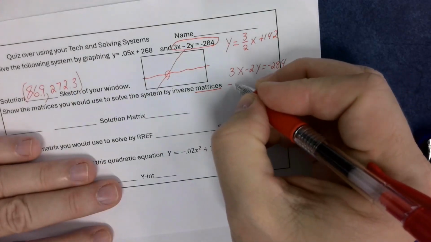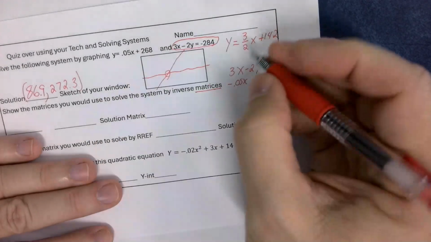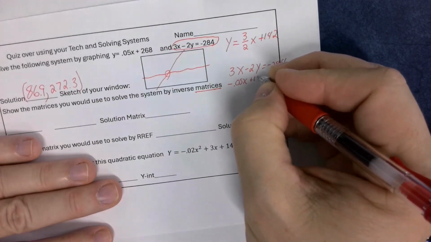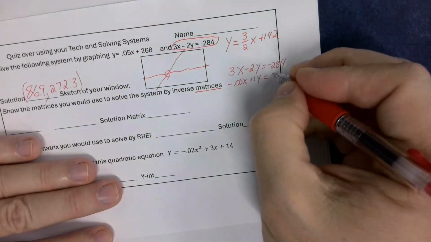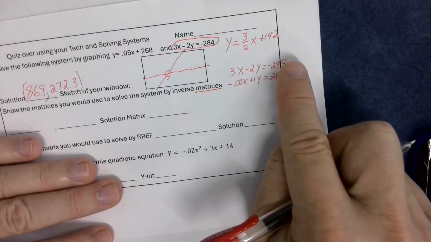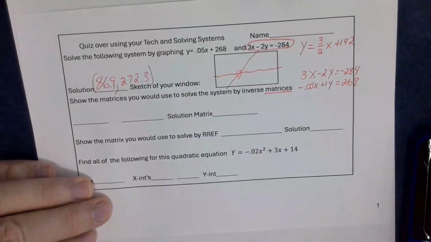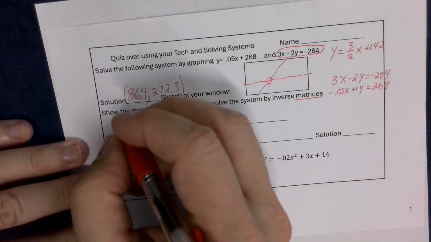So I'm going to have negative 0.05x, and then it's a 1y equals 268. And now they're both in x, y equals numbers format. So my A matrix is going to look like this.